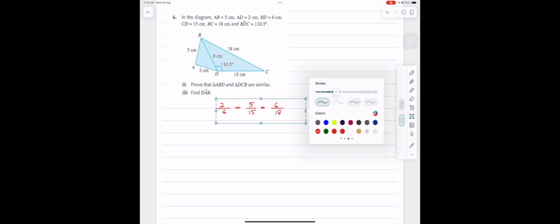Since these two triangles have the same common ratio, which is 1/3, these two triangles are similar, and we have used the SSS property.